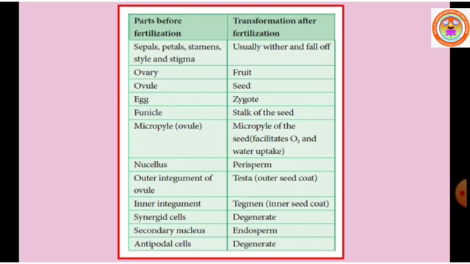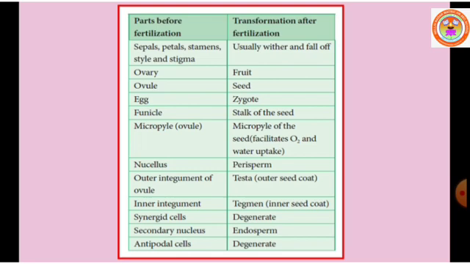The nucellus found in the ovule becomes perisperm. The outer integument of the ovule becomes testa, which is generally thick. The inner integument of the ovule is called tegmen. It is thin and very membranous.